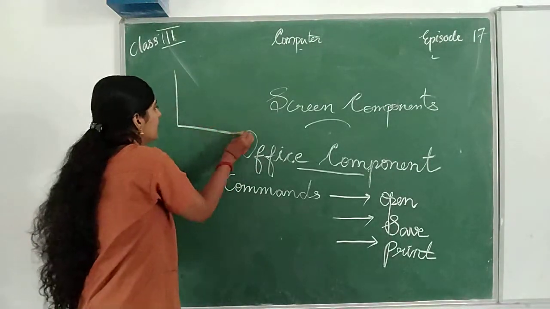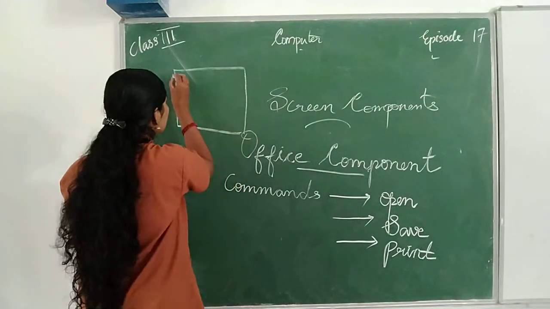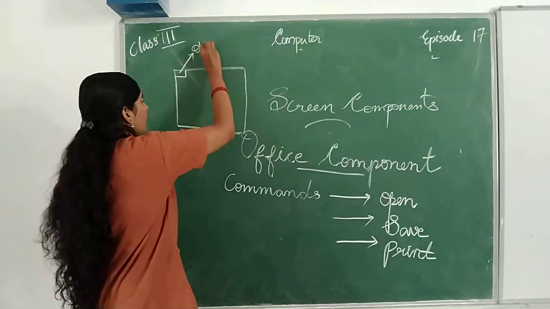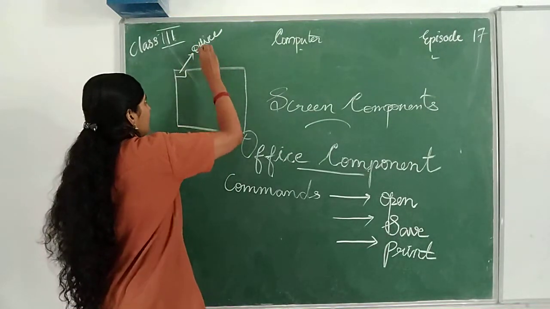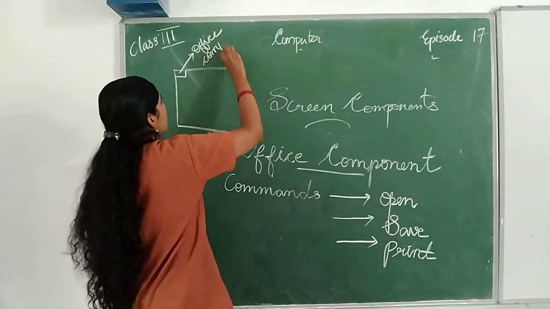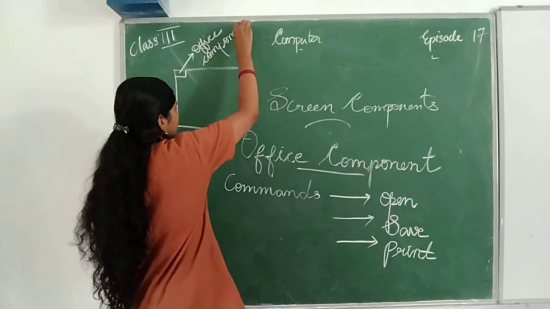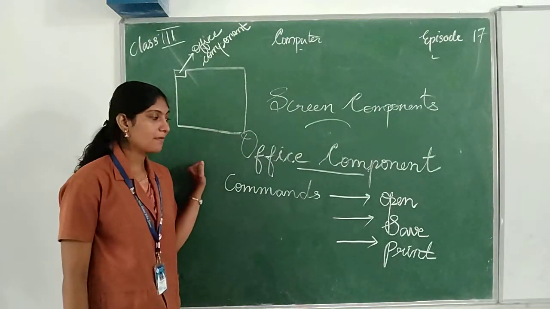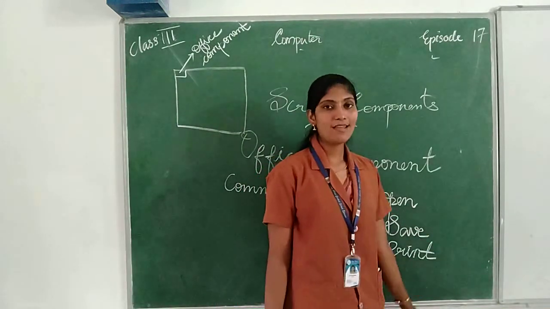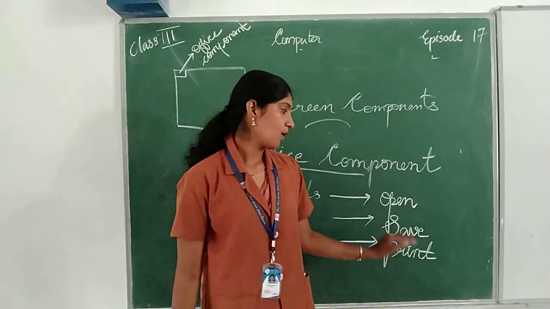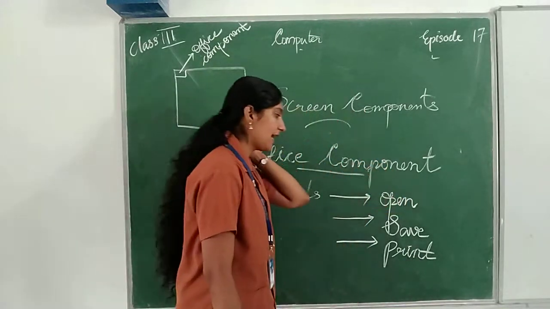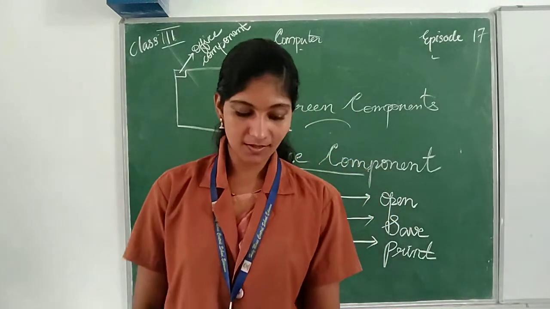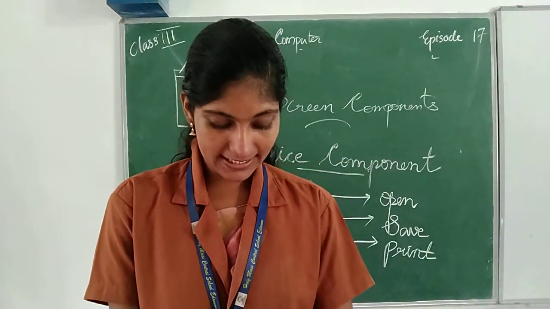Here is the Word screen, and at the top of the window it is the office button. In the office component it contains the open command, save command and print command.